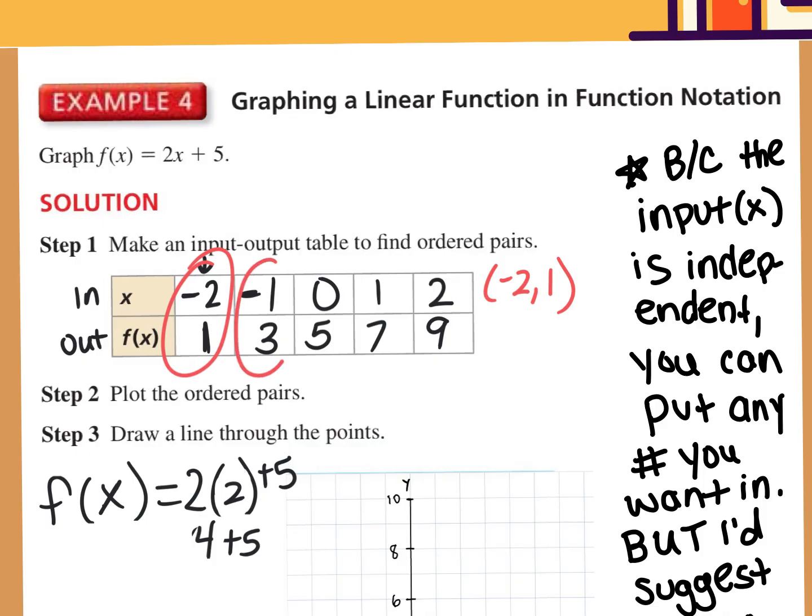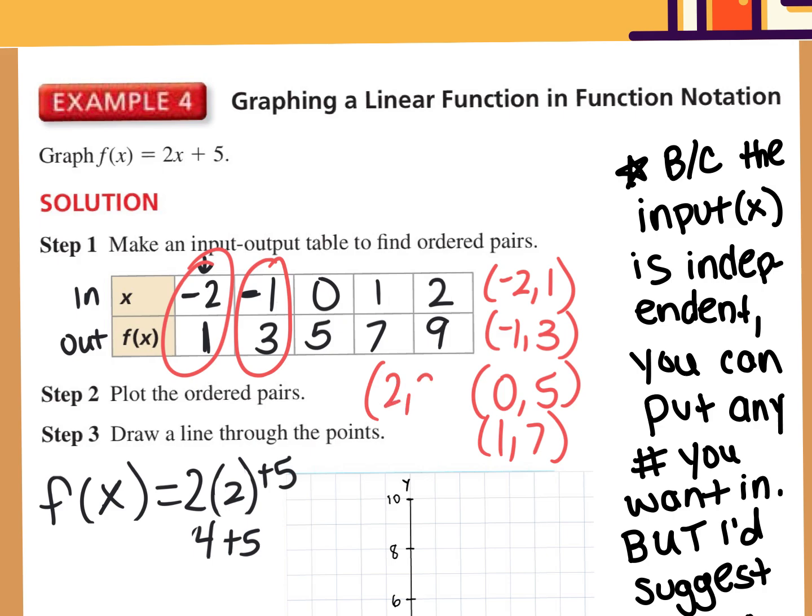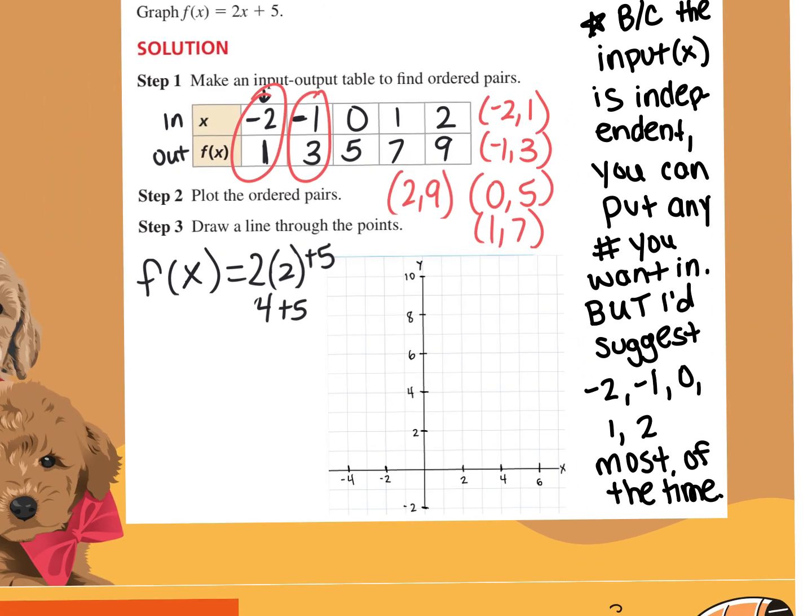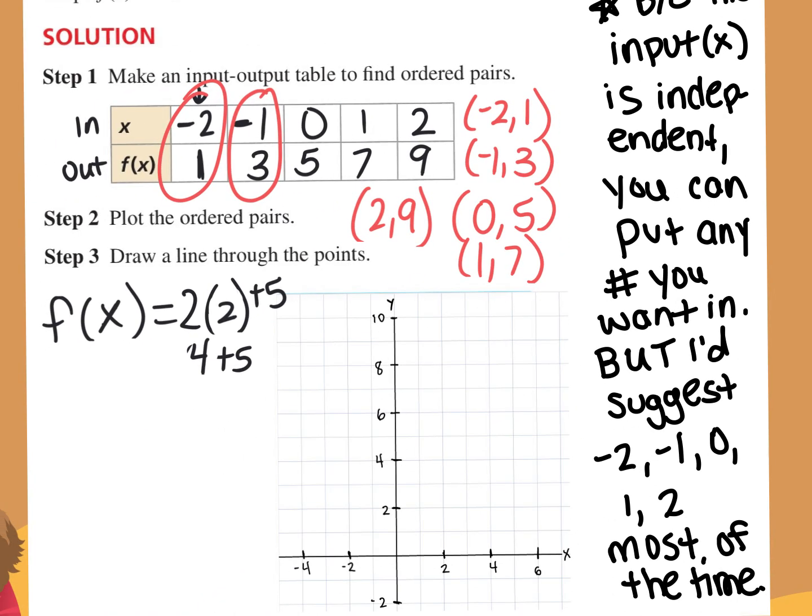All right, the next ordered pair is x is -1, y is +3. The next one is 0, 5, 1, 7, and I'm running out of room, but also 2, 9. So now we have to graph all these. So I'm going to graph each one. So yes, the x-axis is the one that is here, and that comes first in each ordered pair.